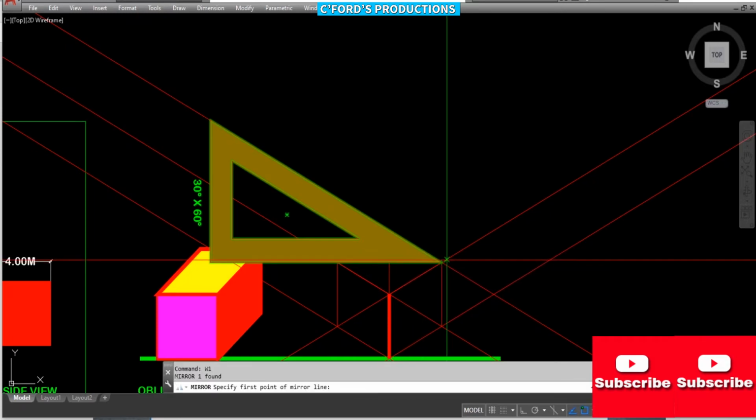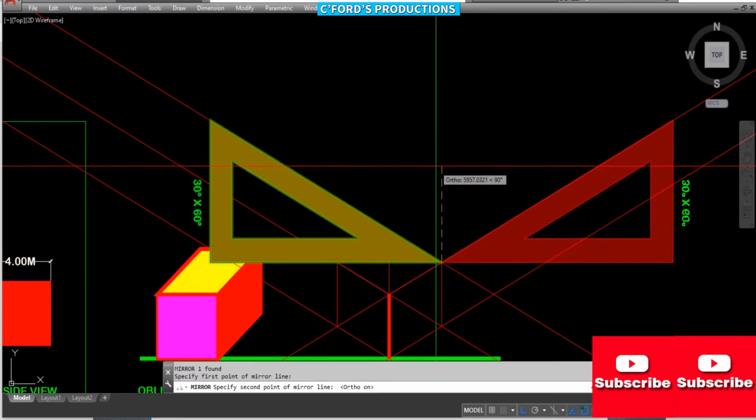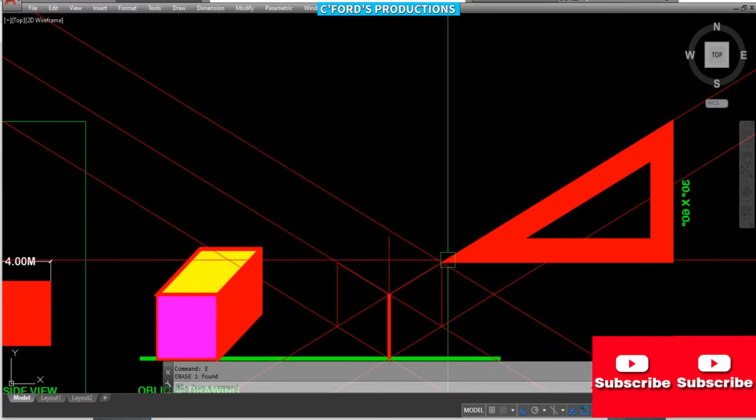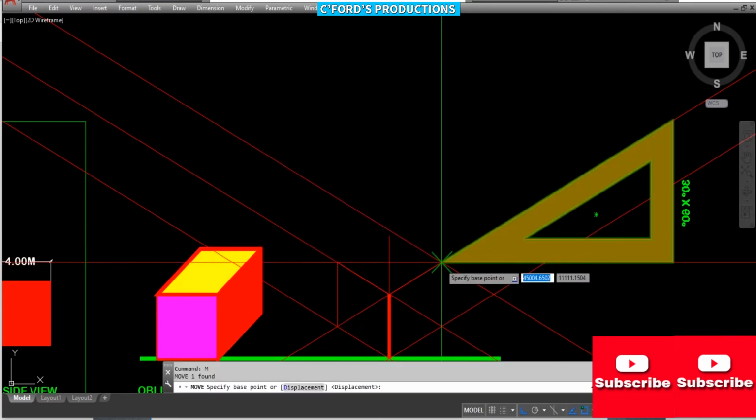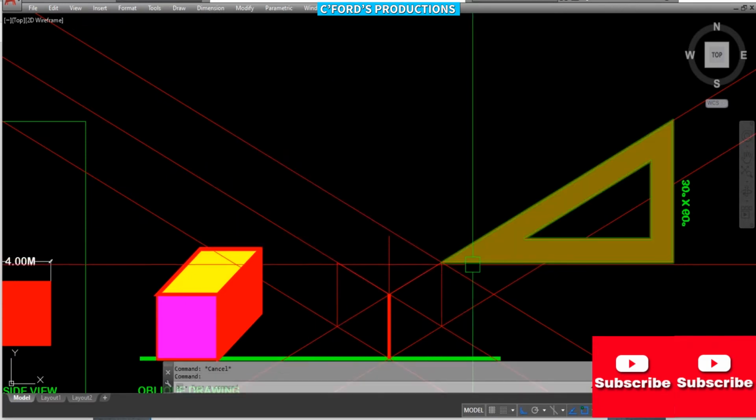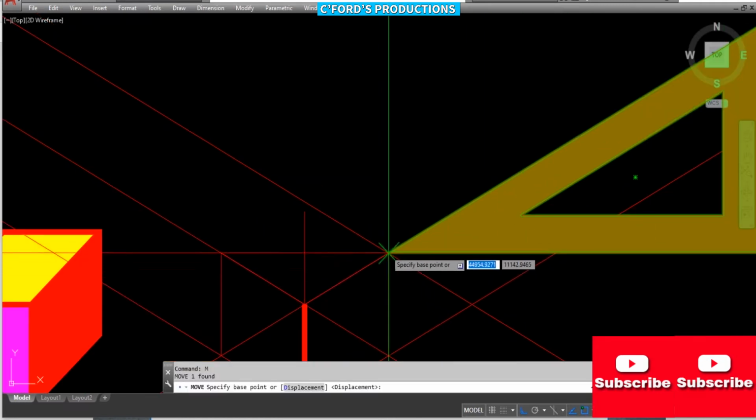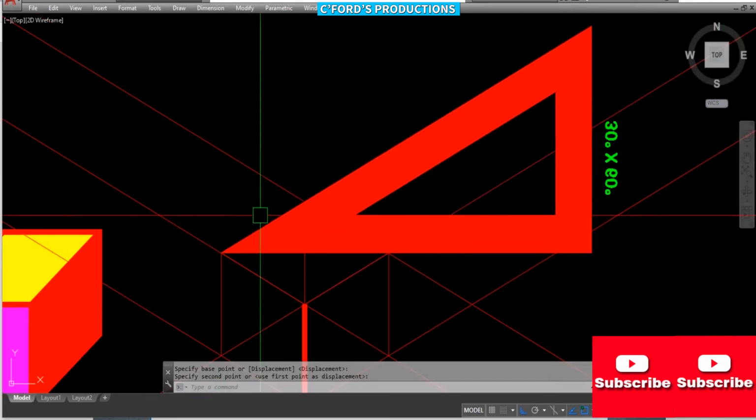And also this corner. So move your triangle. Okay.